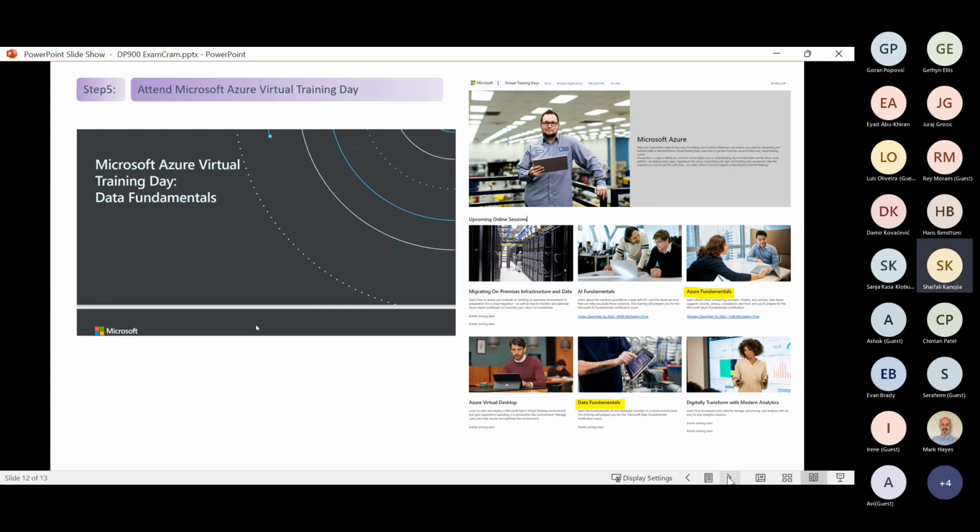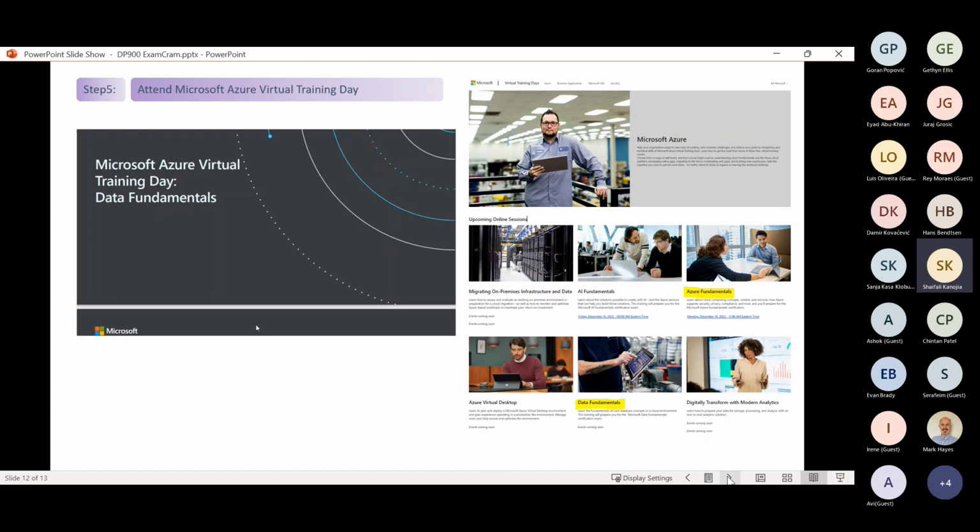And this is a training which is not recorded at all, but they provide you with resources. Again, they refer to the study guide. They have used the same learning path, but they have added a lot of extra resources over it, and the trainer tells you everything in detail.